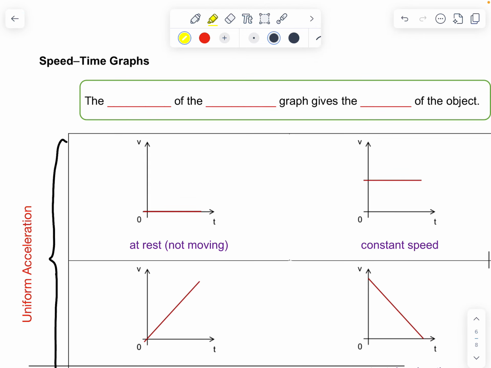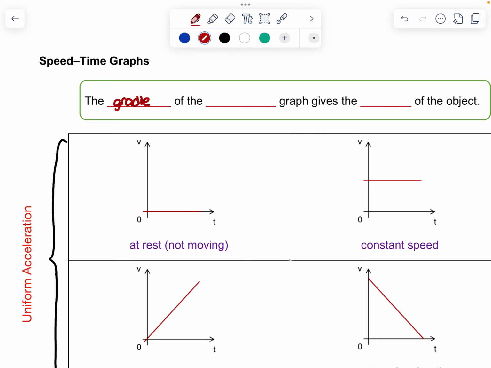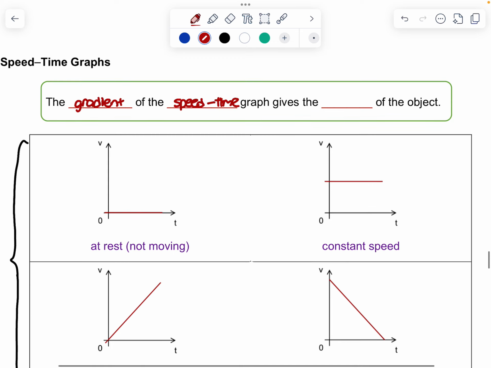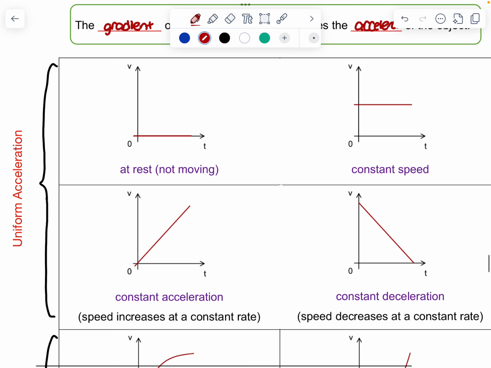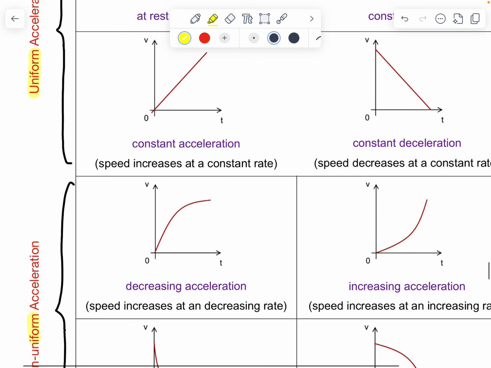Okay, let's look now at the speed time graph. The gradient of a speed time graph gives you the acceleration of the object. There are two different cases I mentioned, uniform and non-uniform.